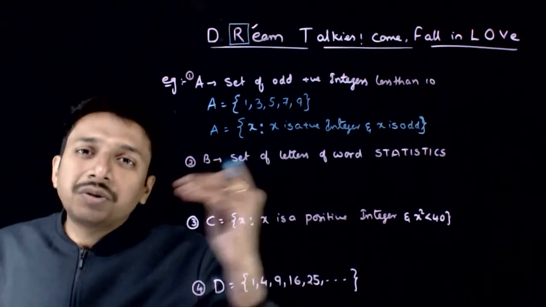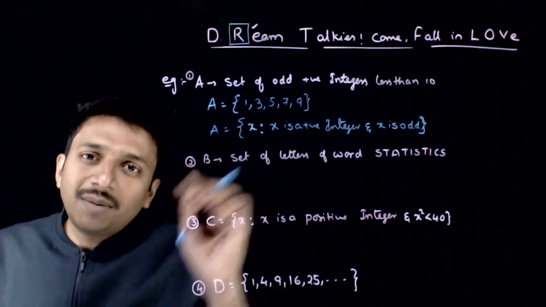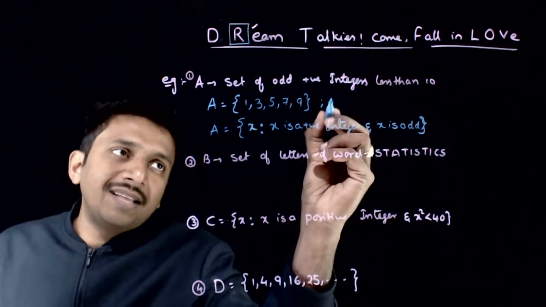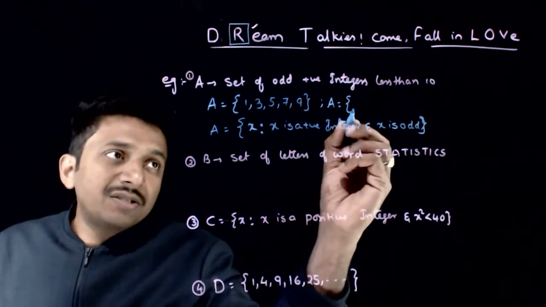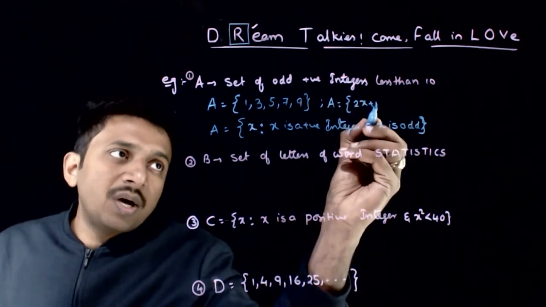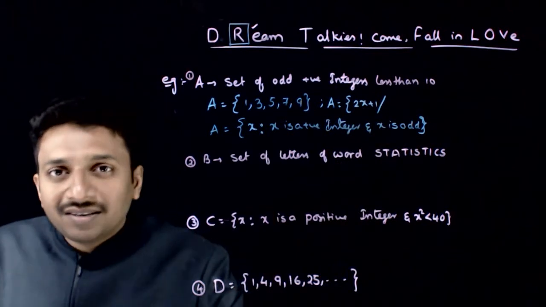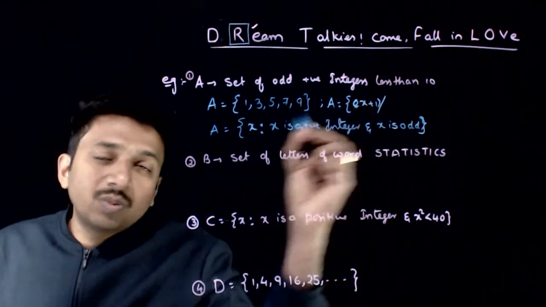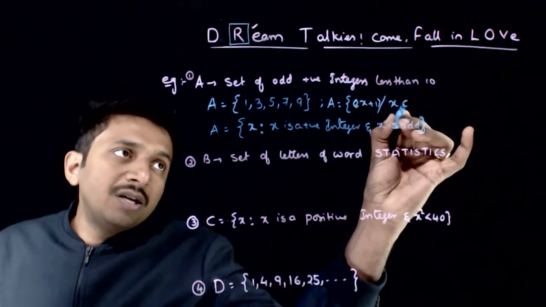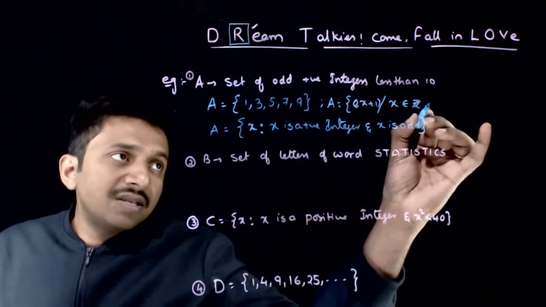There are better ways to write this set in set builder form also. So let us write it like this. A is a set containing elements of the form 2x plus 1 such that, so you know that odd numbers look like this, 2x plus 1, where x belongs to Z, the integers.